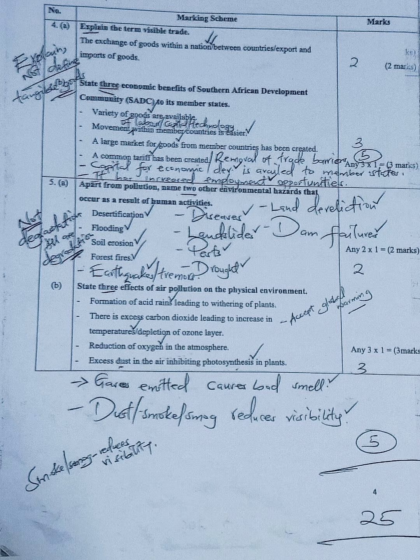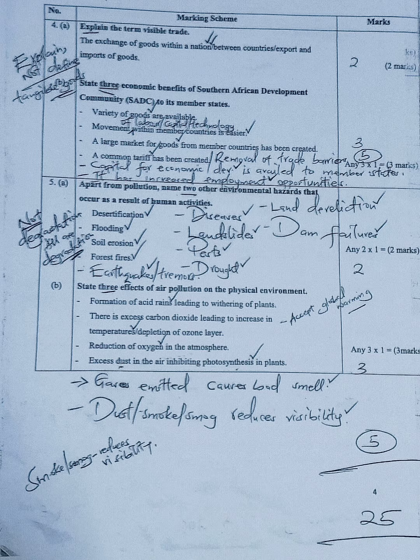All right, question 4B, state 3 economic benefits of Southern African Development Community to its member states. Now these benefits, if you study them keenly, you realize that they are very similar across the trading block.